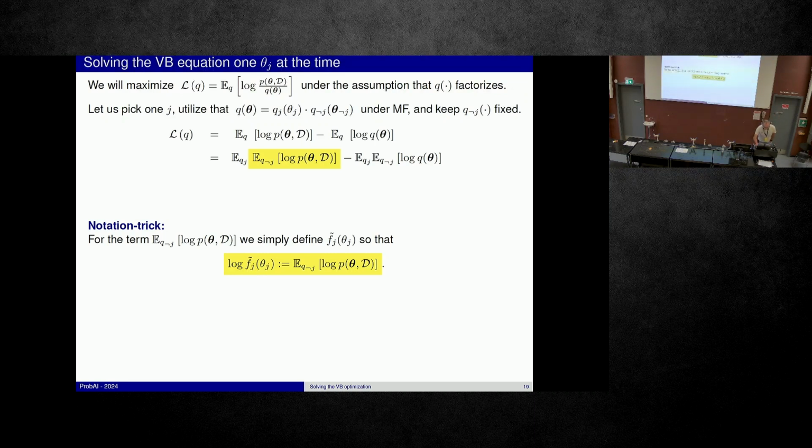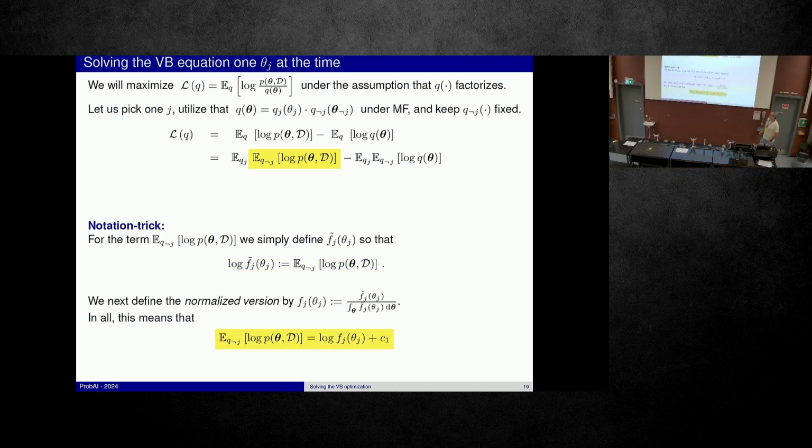So that's step one. And then step two is to say that I like it even better if I can normalize this thing. So this f_j with the tilde on top, normalized, so divided by the integral, is now defined as this f without the tilde. Okay?